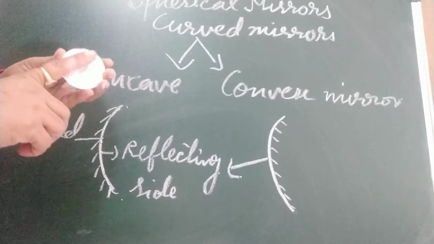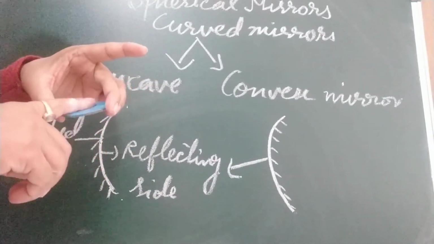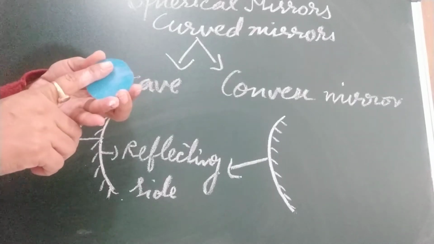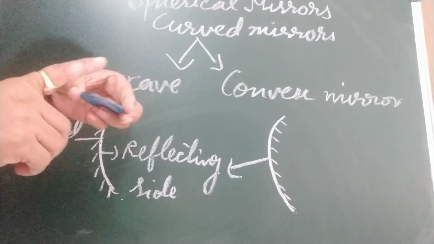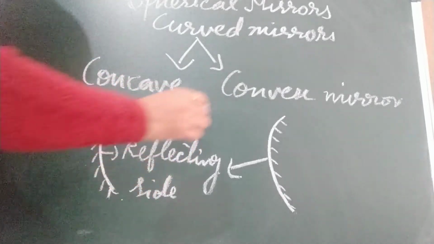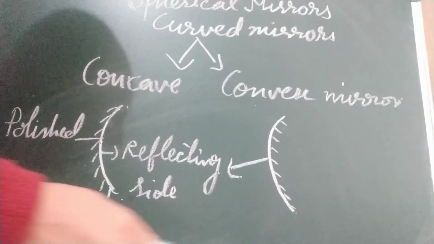When you touch it, you can feel it. From the back side you can feel it, and on this side you can see the depression is there, but on the other side bulging is there. So this is the convex mirror. So these two mirrors are clear.